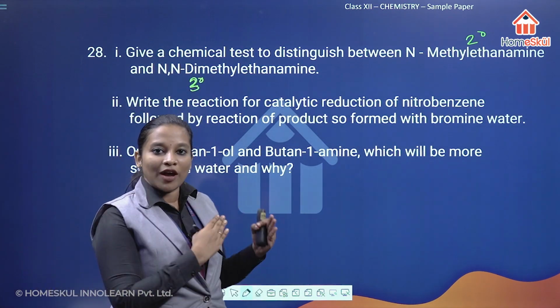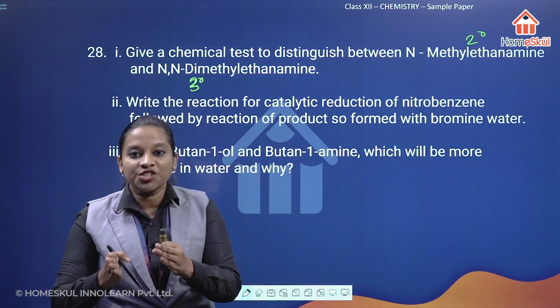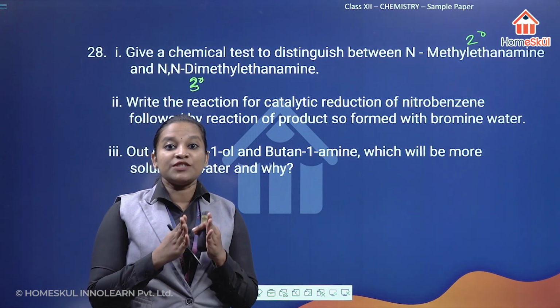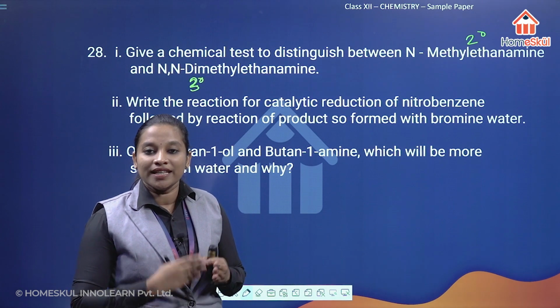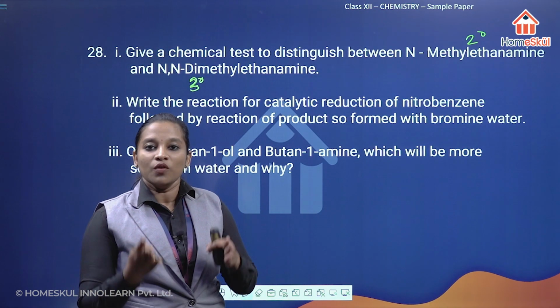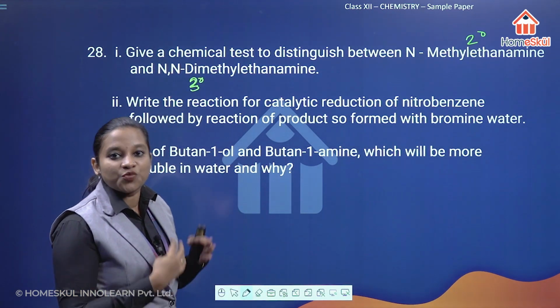So we have to suggest a test to distinguish between primary, secondary and tertiary amines. We know that it is the Hinsberg test. We use the Hinsberg reagent here, that is benzene sulfonyl chloride. When it is treated with the Hinsberg reagent, what happens?